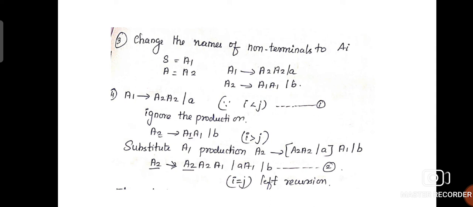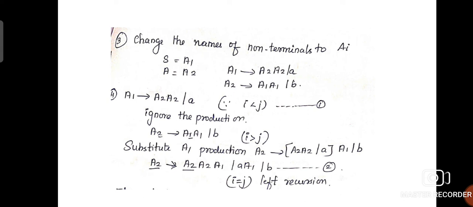We are going to substitute the value of A1 on the right hand side of A2 in production number 2. Now we are getting A2 tends to A2, and after expanding this, we get three right hand side production rules for A2. When we compare I and J, we get the condition I equal to J.